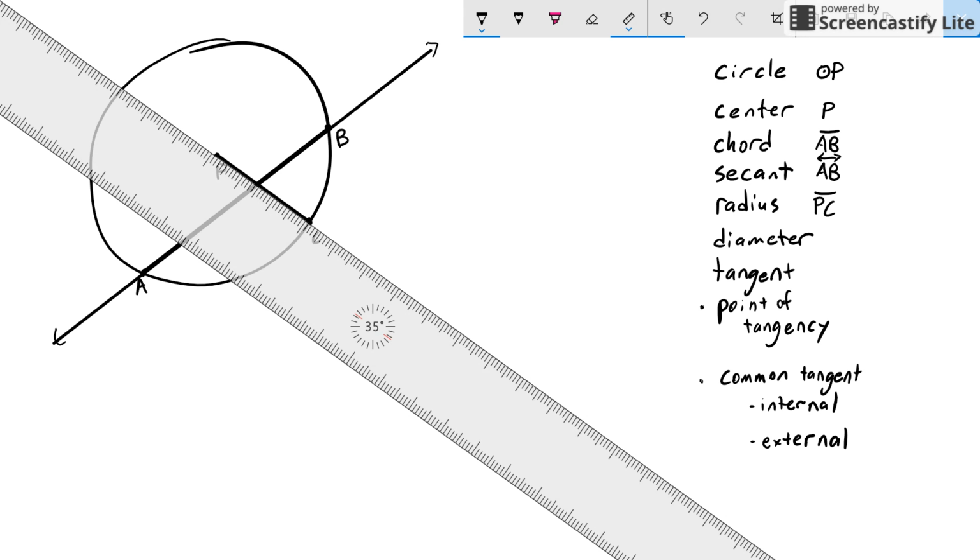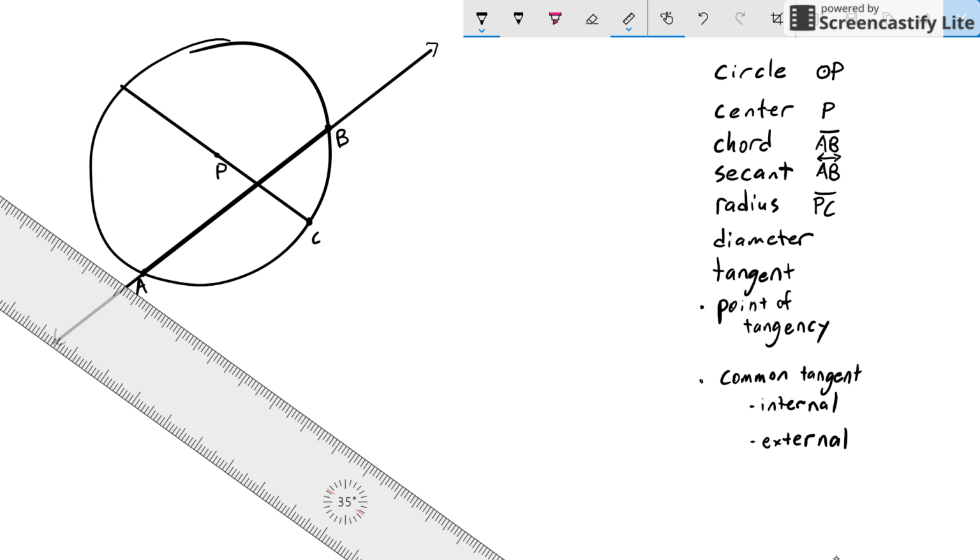You should also know that a radius is half of a diameter. A diameter is actually a type of chord. It connects 2 points on the circle, but it's a chord that goes through the center. So if I call this point D out there, our diameter goes from C to D or D to C. It is a segment. So segment CD would be a diameter of the circle.